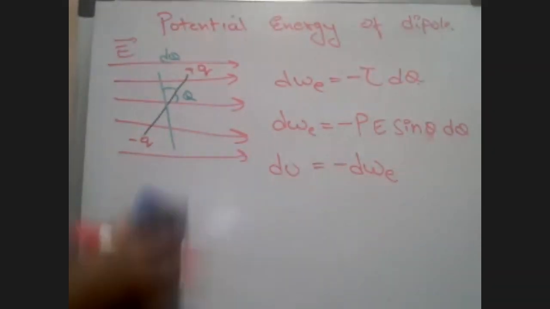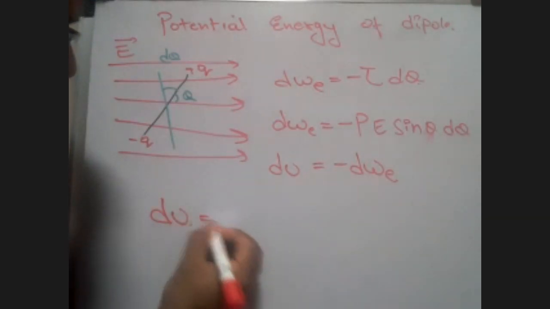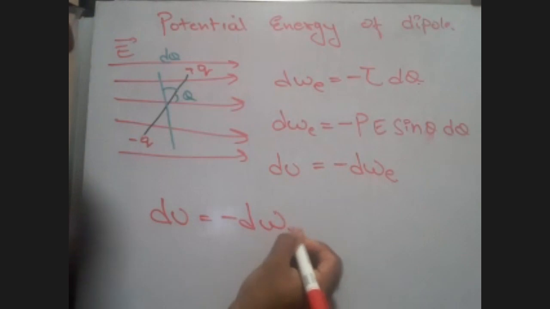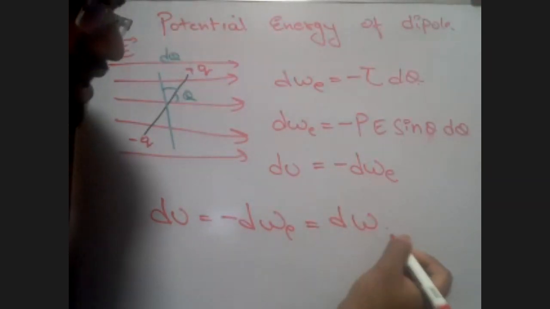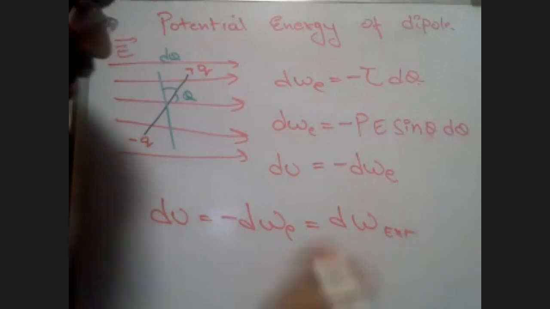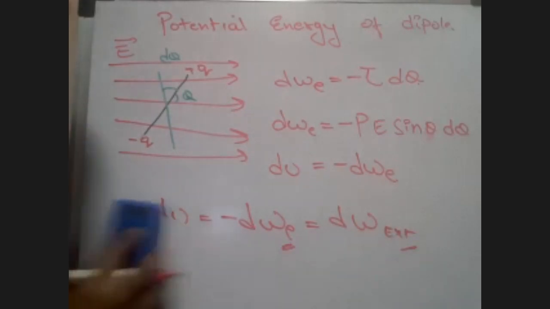Yes, sir. So dU is the negative of the work done by the electrostatic force and the positive of the work done by the external force. The electrostatic force is the force applied by the charge. The external force is applied by me to bring a charge close to another charge. Remember this relation. That's all you need to know.